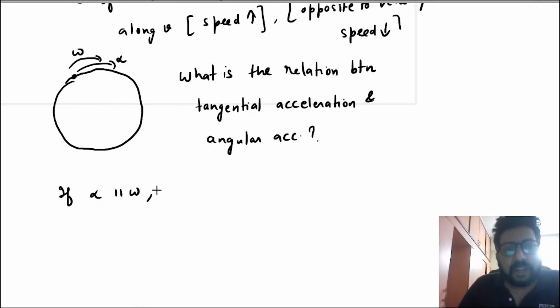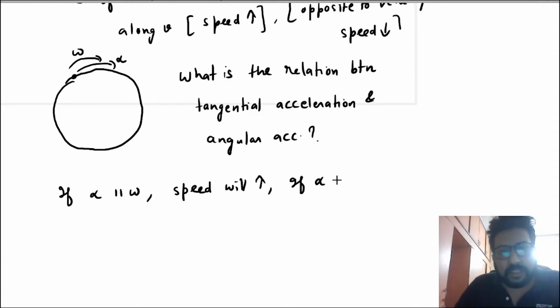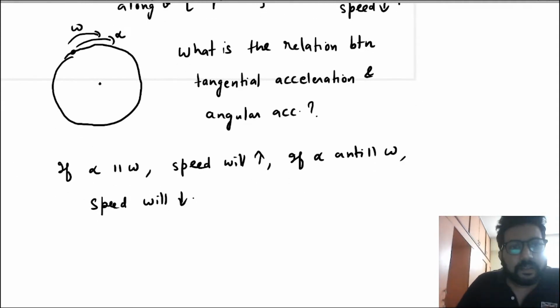So if alpha is parallel to omega, then speed will increase. And if alpha is anti-parallel to omega, then speed will decrease. Now we need to find the relation between the tangential acceleration and angular acceleration.